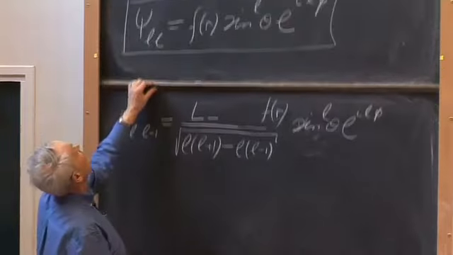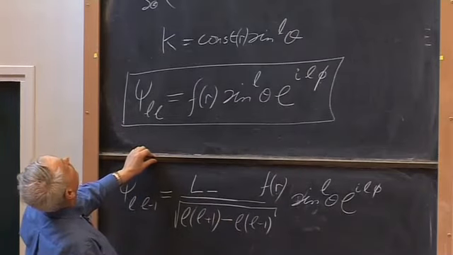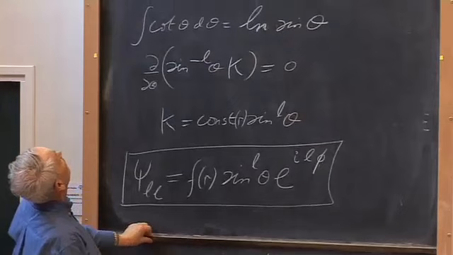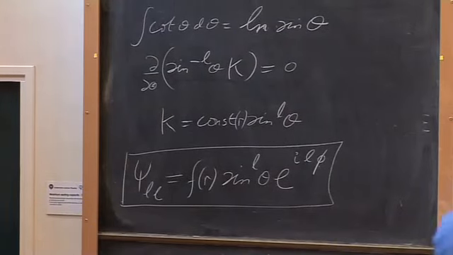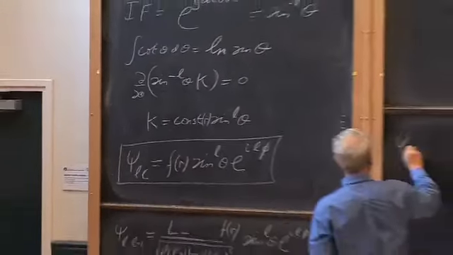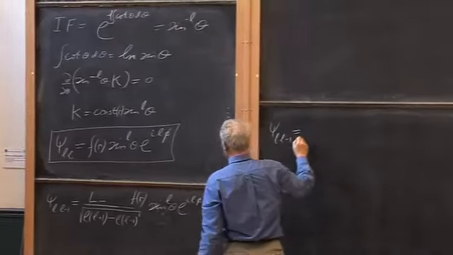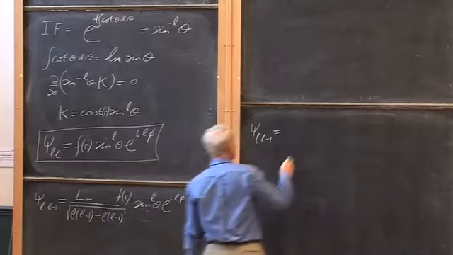And this L minus, let's put in what it is. Maybe we do it on the next board because we want to be able to see those magic formulae. There they are. This tells me that psi L L minus 1 is equal to, I think, the square root of 2L.